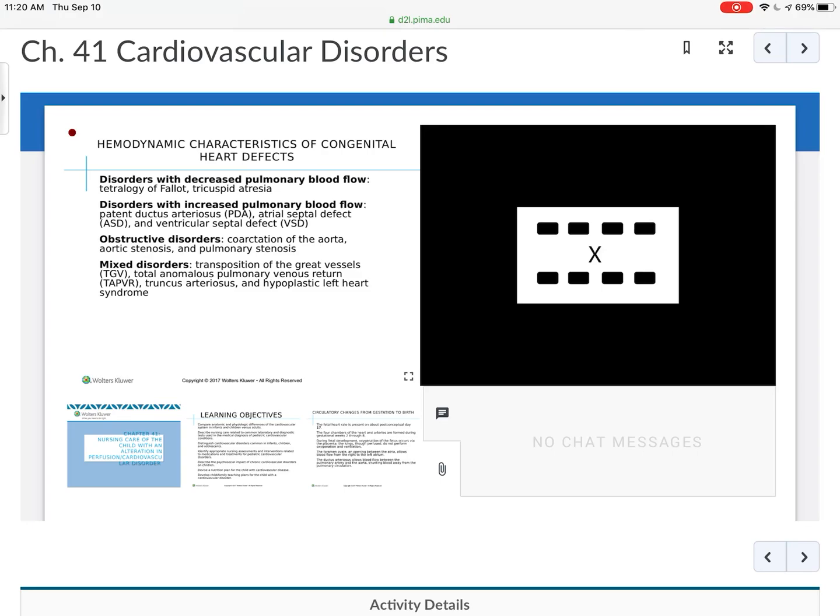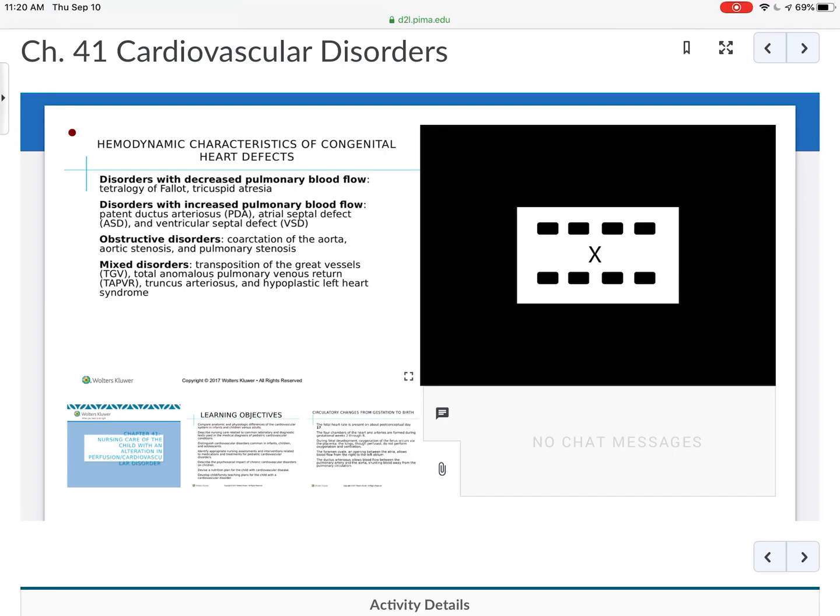Obstructive disorders are where something is causing an issue. Coarctation of the aorta is a narrowing of the aorta, which will cause decreased blood flow. Then you have aortic stenosis and pulmonary stenosis. You have some mixed disorders. When you have mixed disorders, often those kids are mixing their arterial and venous blood, so they'll have a lower O2 sat. With transposition of the great vessels, they're just flipped over.